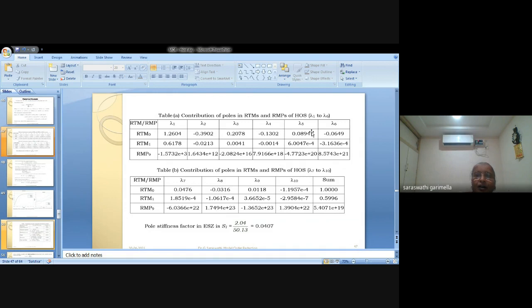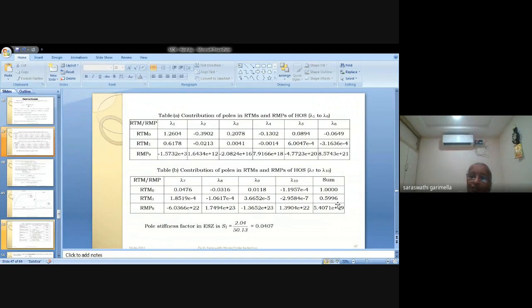If all these contributions are added for each RTM, then you will get a sum. That's why I redefined them, because I am getting the same time moment, the same Markov parameter, and that is why it has been accepted. Otherwise, I would have given a new name, but I got the same thing that they got. But I got individual contributions. That is the advantage.